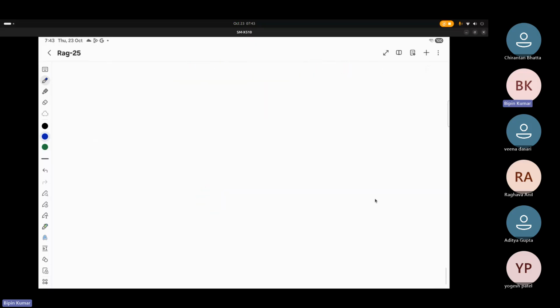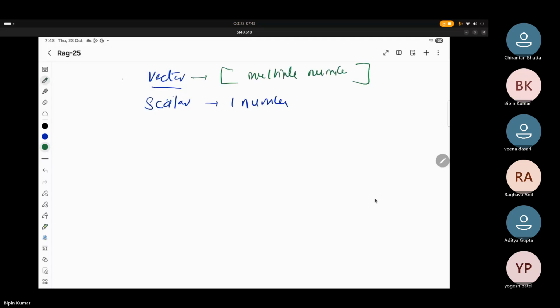In that also there are some terms. So first, vector. And there is one more term called scalar. If you take only one number, that we call a scalar. And if there are multiple numbers in a list separated by commas, then we call it a vector.